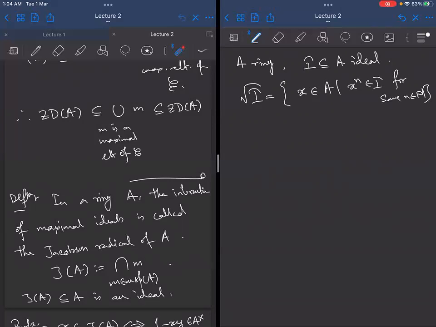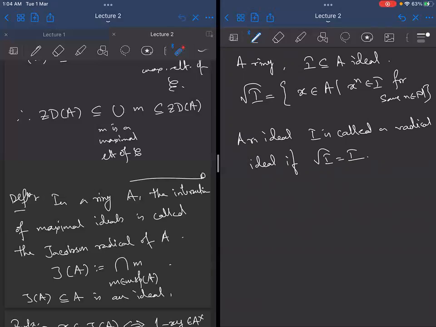So this is the set of all elements x some power of which belongs to the ideal I. Okay, so this is called the radical of an ideal I, and an ideal I is called a radical ideal if square root of I equals I. Although the definition looks simple, in the study of algebraic geometry, these radical ideals play a great role, and that's why I am defining all these terms here, because eventually we will see that they have some roles to play.